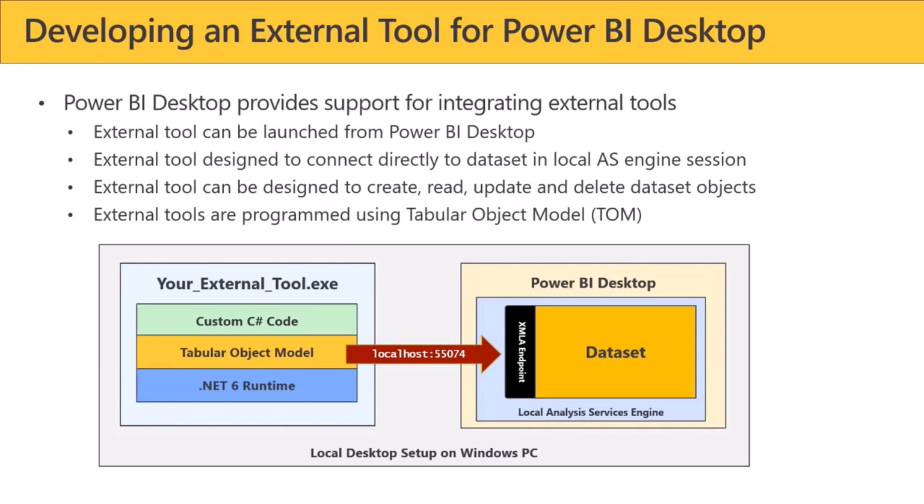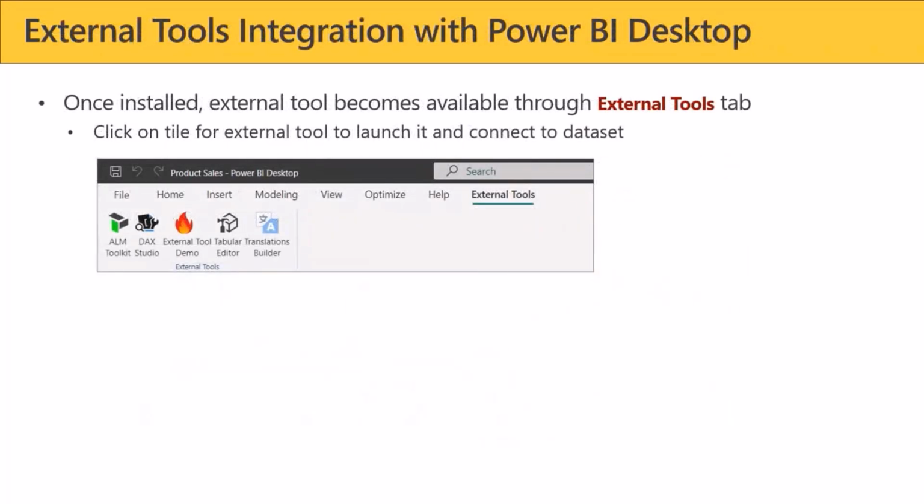The idea is that our code is going to be able to make a connection through something called the XMLA endpoint, and then it's going to be able to connect to our dataset. So what we want to show in this session is real world things that you can do with this style of development, that have a lot of value to you or other people using Power BI Desktop.